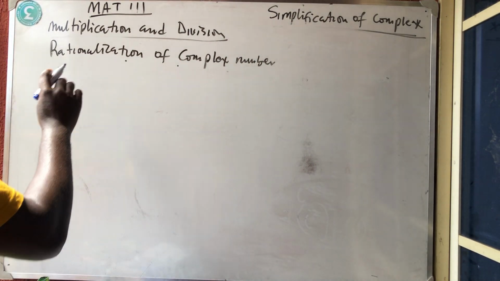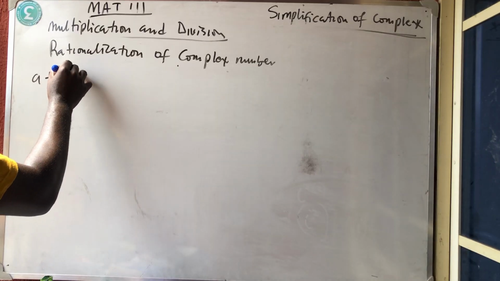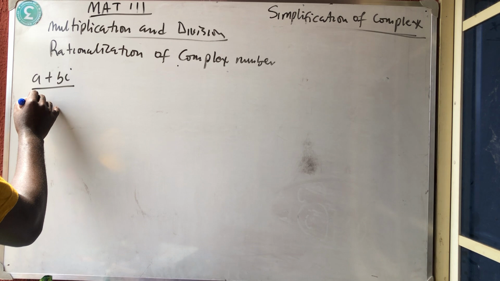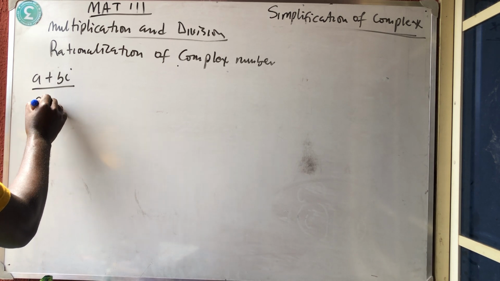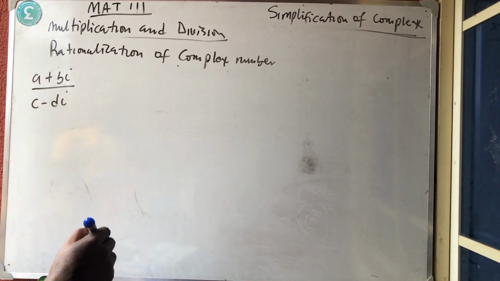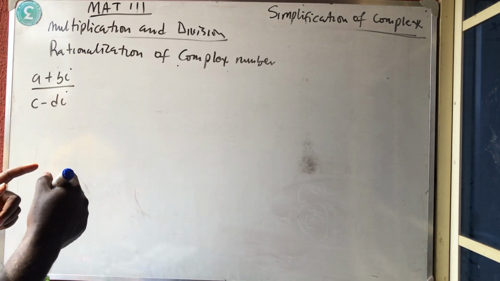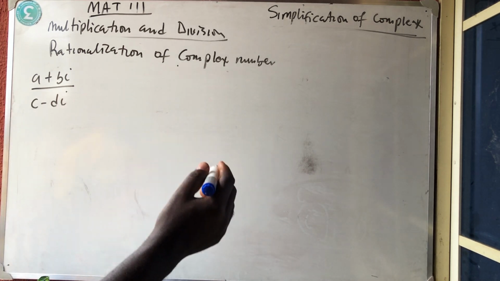Now what if I have a plus bi divided by maybe c minus di? Now the complex number is no longer single, it's being added or subtracted by something. So we are going to use the conjugate to rationalize. And don't forget what the conjugate is.